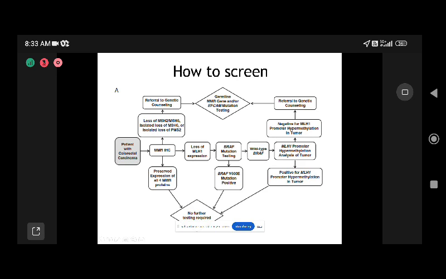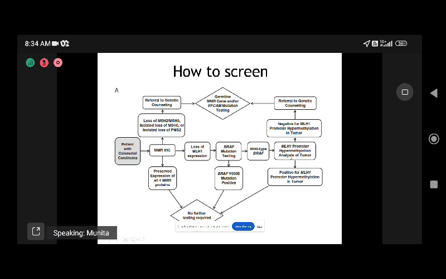So with BRAF mutation, no further germline testing is required. If BRAF is wild type, then you do the second type of testing for MLH1, that is the MLH1 promoter hypermethylation. BRAF testing and MLH1 promoter hypermethylation will tell you whether this is sporadic MLH1 loss or there is an actual germline mutation.